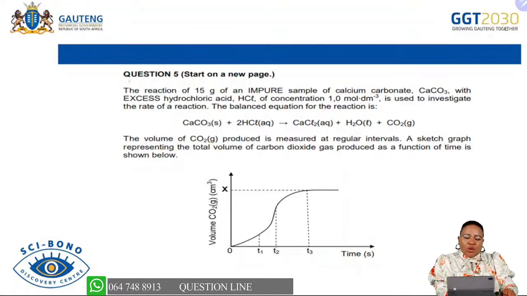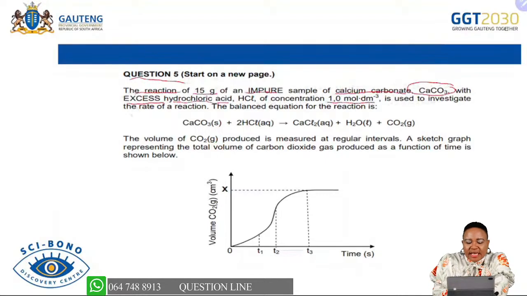Now let's look at this question, which is also under the rate of reaction. They say here the reaction of 15 grams of an impure sample of calcium carbonate, CaCO3, with excess hydrochloric acid, HCl, of concentration 1,0 mole per decimeter cube, is used to investigate the rate of reaction, and the balanced equation for the reaction is given.